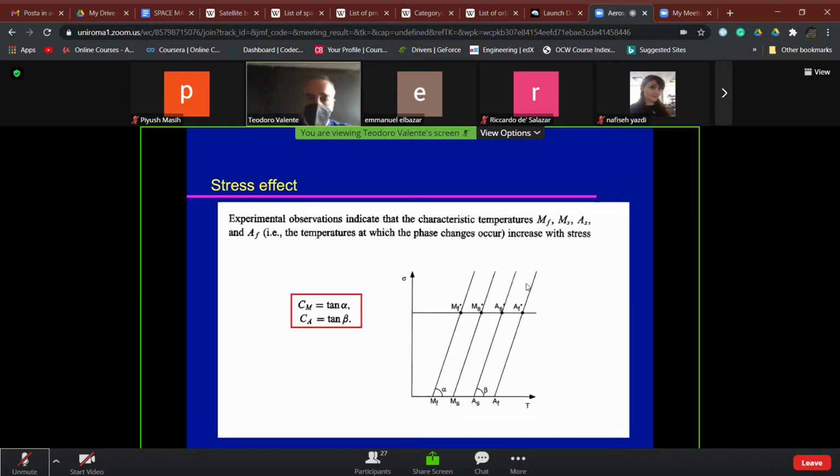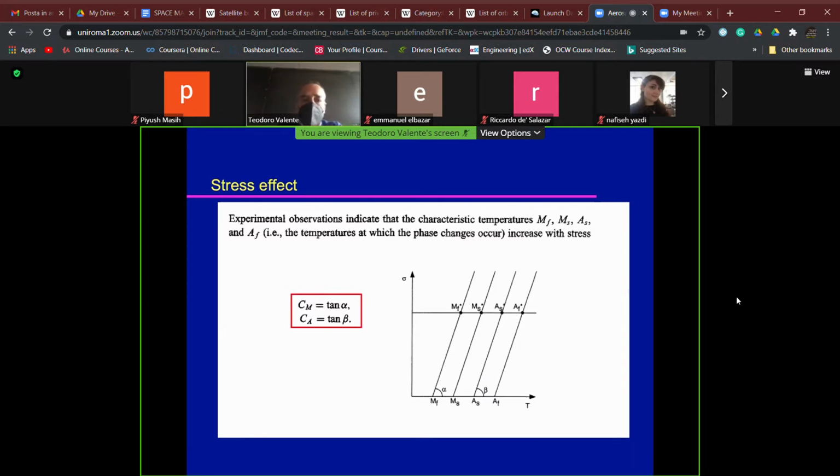Okay, so we left last time on this slide where we were discussing the variation of the critical temperatures, martensite finish, martensite start, austenite start, and austenite finish, for shape memory alloys, by the stress variation.